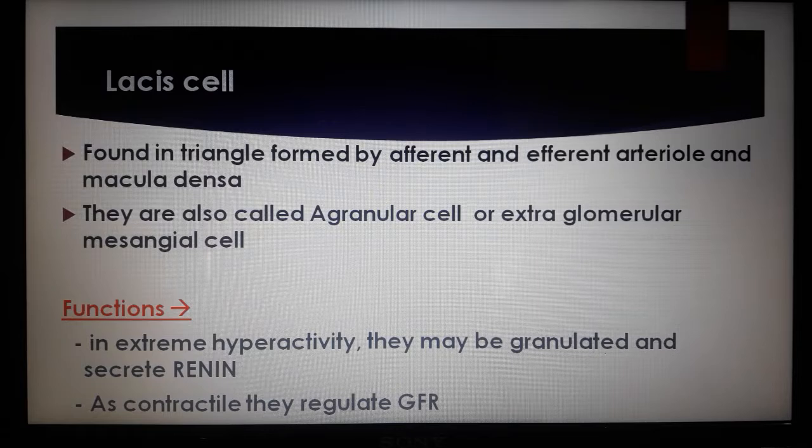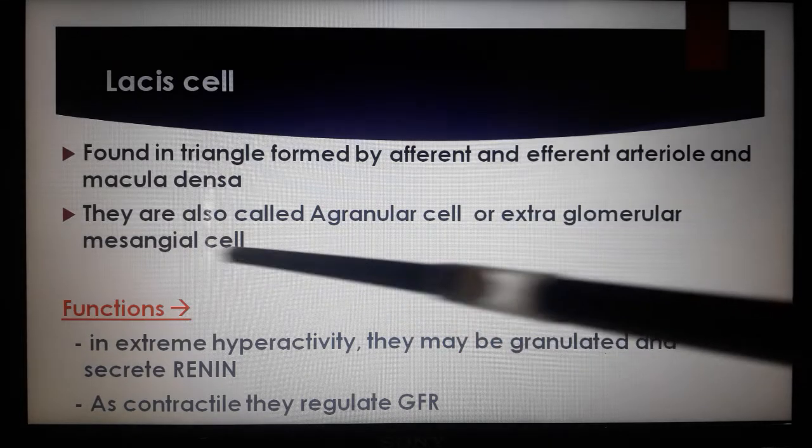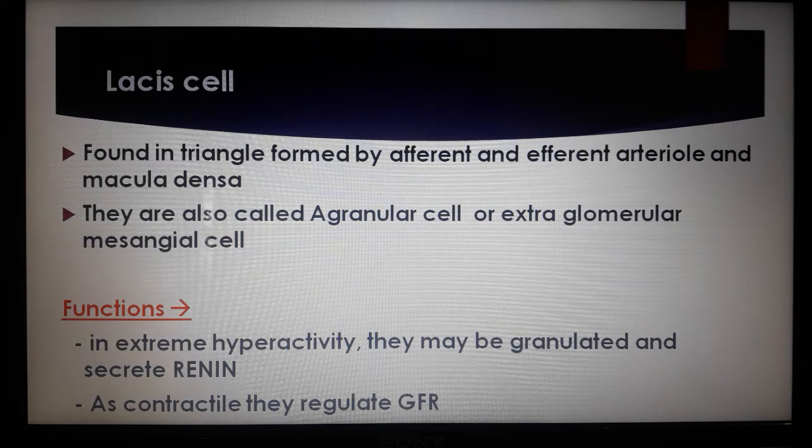Lacis cell. These are found in the triangle formed by the afferent and efferent arteriole and the macula densa. They are also called the agranular cell or extraglomerular mesangial cell. Function: in extreme hyperactivity, they may granulate and secrete renin.